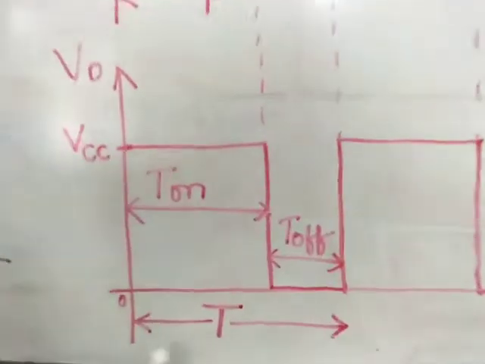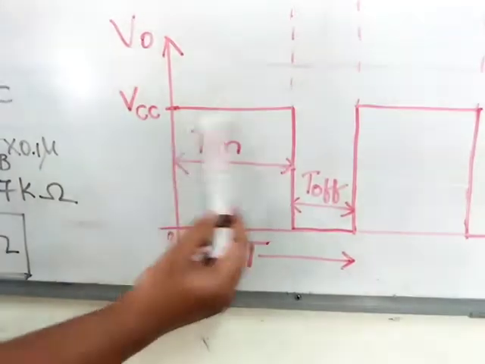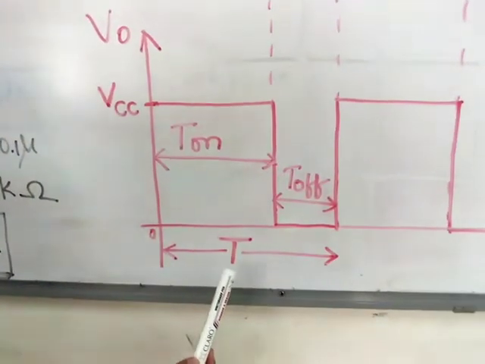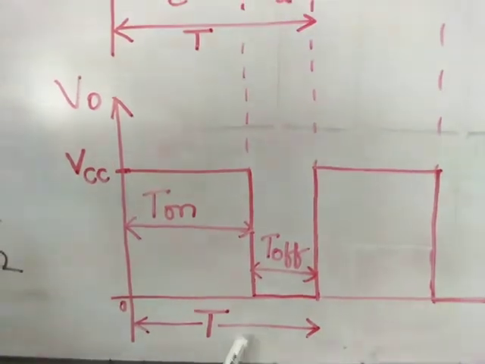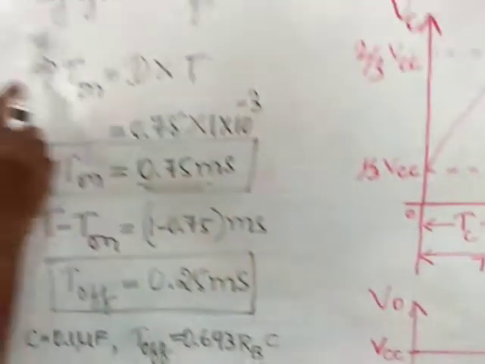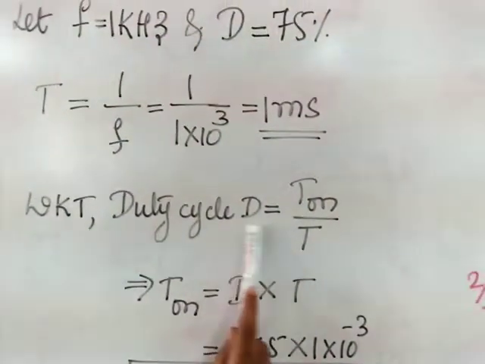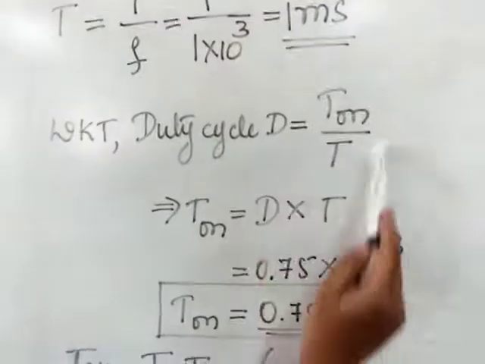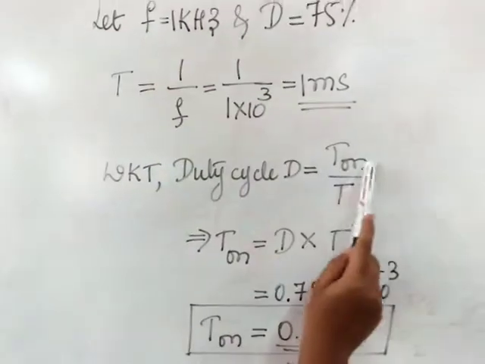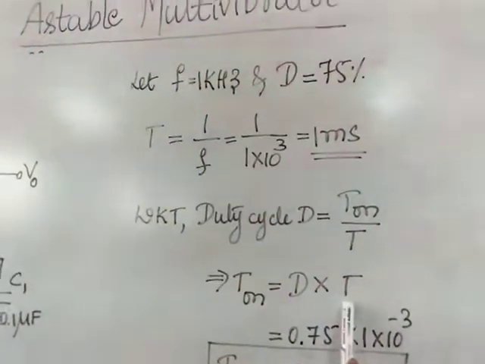One period is equal to 1 cycle, that is T on plus T off. Then the duty cycle, we know the formula: D equals T on by T. From this equation we can calculate T on. T on is equal to duty cycle into T.